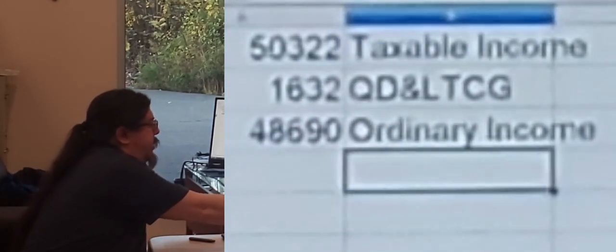And if we look at the tax table for 48,690, yep, that's what I get. How much is it again? 5,401.